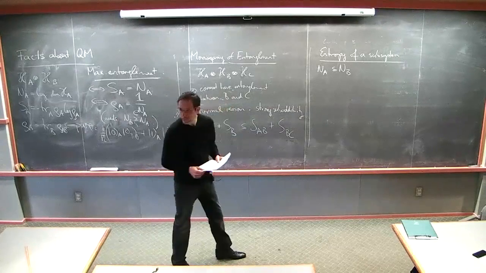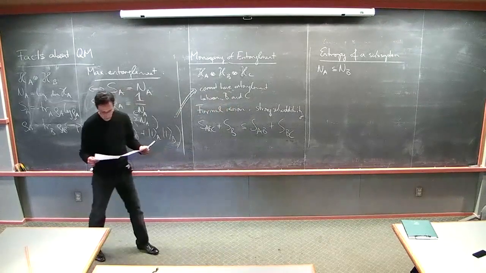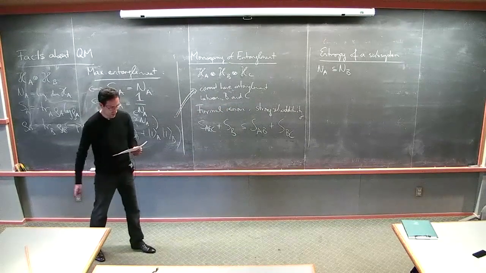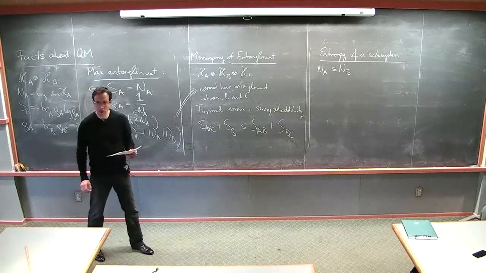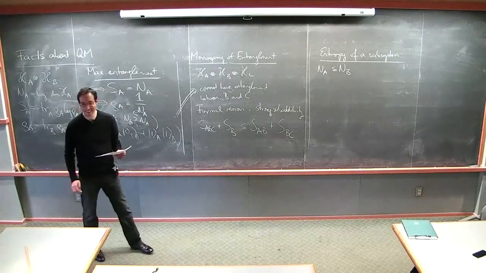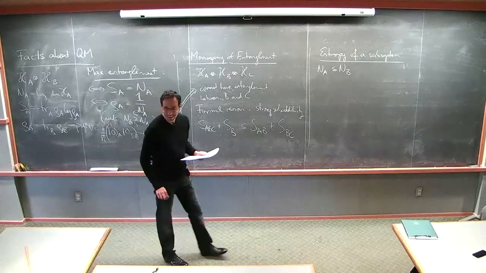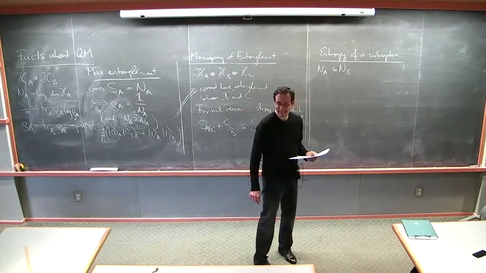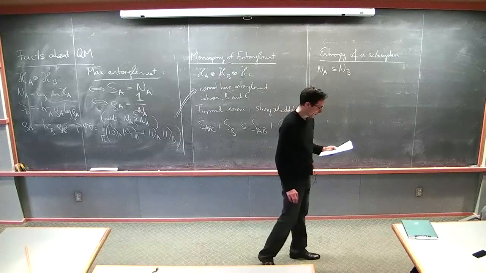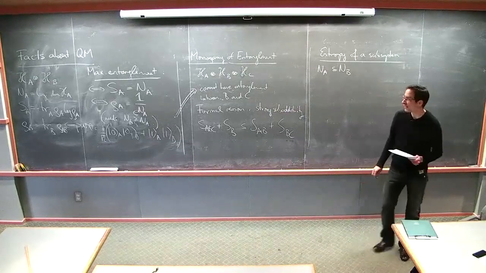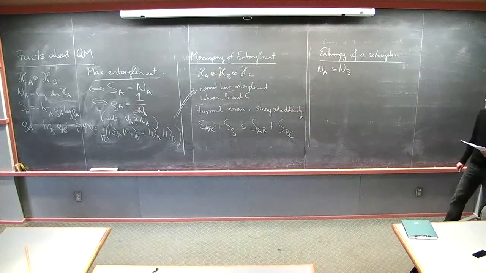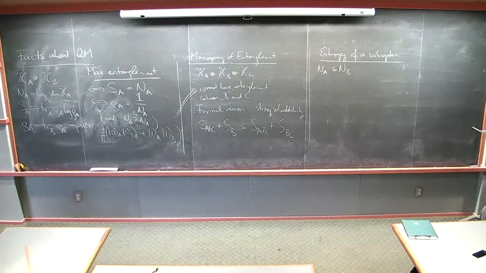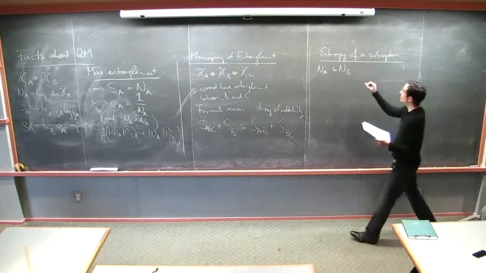One thing you could say is if A and B are more strongly correlated than is allowed classically, then B and C must be less strongly entangled than is allowed classically by a corresponding amount. To make that precise is a statement called weak monotonicity, this is just a rephrasing, closely connected to strong subadditivity.